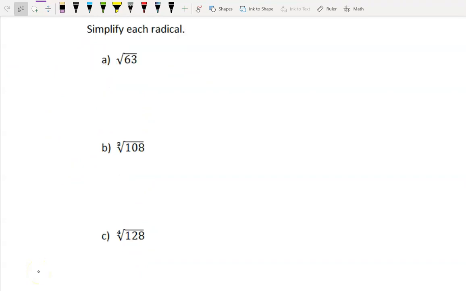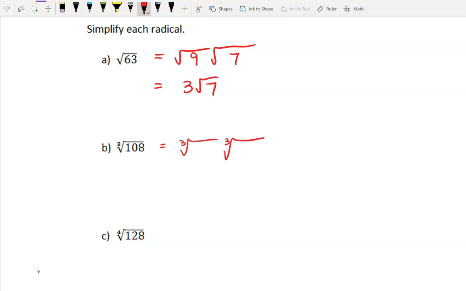Alright, hopefully you've tried. So I'm looking for the perfect square factor, and then what's left over. Is there a factor of 63 that's a perfect square? I think 9 is. That means I'm going to have 3 root 7. Okay, next I'm looking for the cube root factors. Okay, I got to do a quick refresher here.